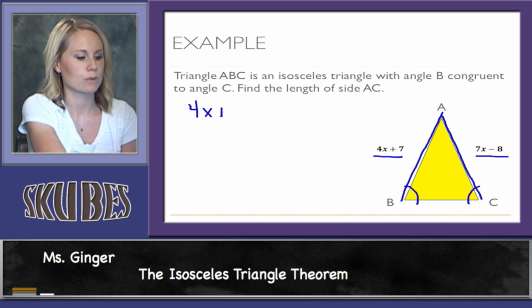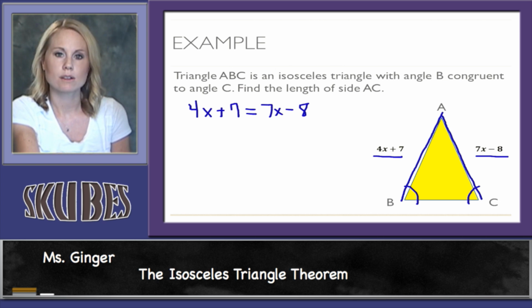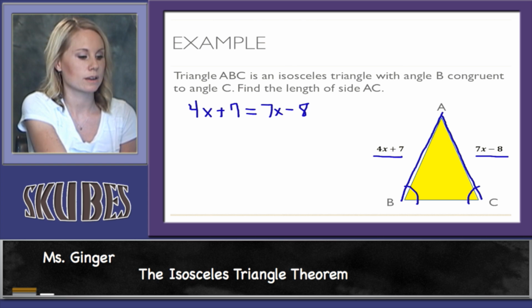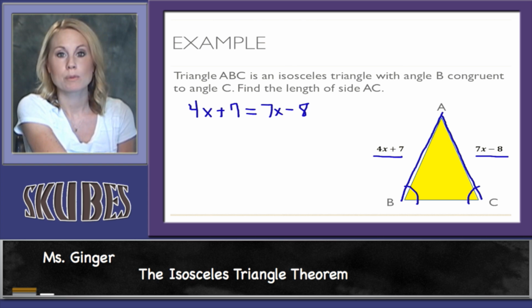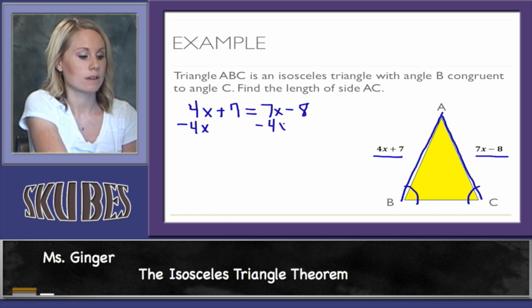So I'm just going to write that out. Write out what you know. 4x plus 7 is supposed to be equal to 7x minus 8. Well, now I have an equation that I can solve for this missing variable x, and that might help me find my answer. So let's do that. So to solve for a variable, remember we're going to try to get it by itself, isolate the variable. So we need to move things using opposite operations until we have done that.